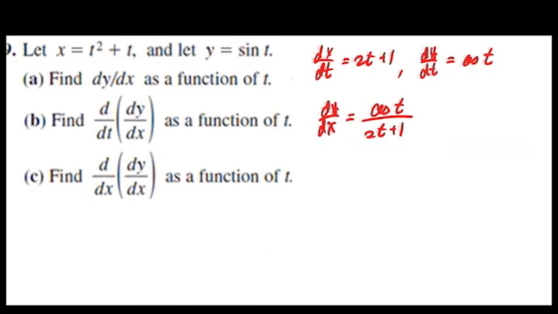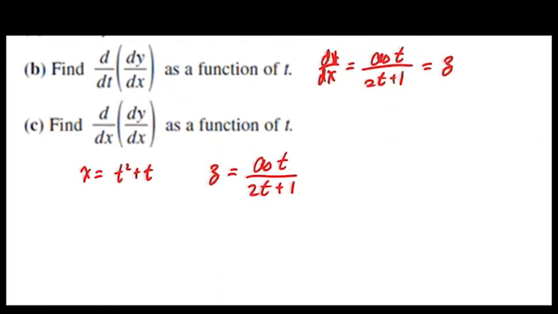We are going to call this thing z. Now, let's think about it. Maybe I should rewrite it here. So, a brand new problem: x is equal to t squared plus t, and z is equal to cosine t over 2t plus 1, right?